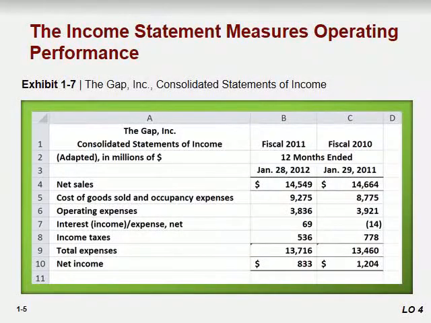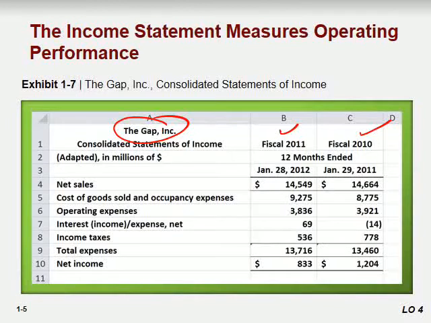An example of a statement of income: we have 2011 and 2012, and we have the consolidated statement of GAP. What do we mean by consolidated statement? GAP has different business segments, and we're just adding them all.